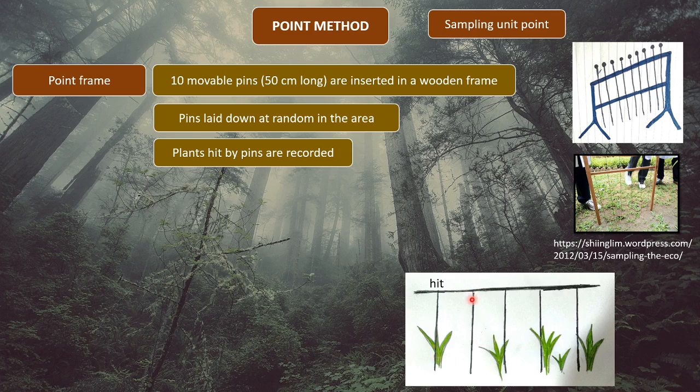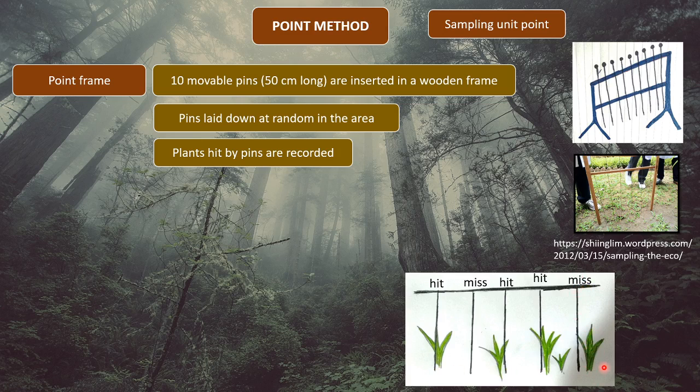Now see, this pin is not hitting any plant, so this will be counted as a miss, so nothing is present here. Similarly, this pin is hitting a plant, therefore it will be counted as one species. Again this will be counted as one species, but now this pin is not hitting the plant, and therefore it will be counted as miss, right?